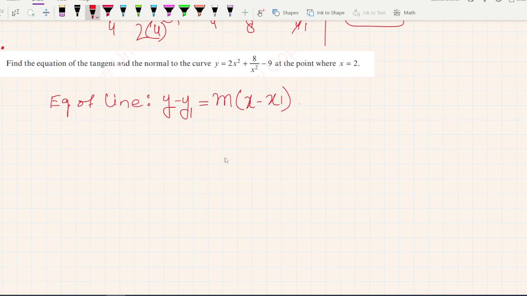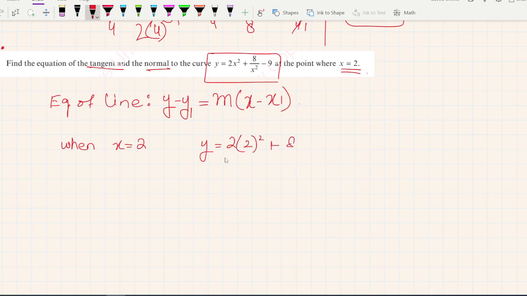So let's do this question. It says find the equation of tangent and normal to the curve at x equals to 2, right? So when x equals to 2, what is the value of y? y would be 2 times 2 squared plus 8 over 2 squared minus 9, right?